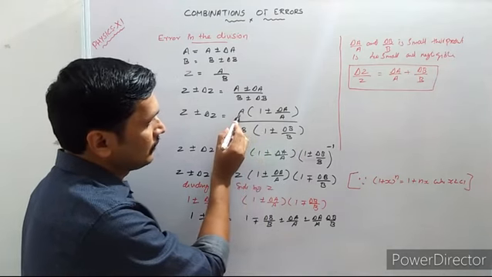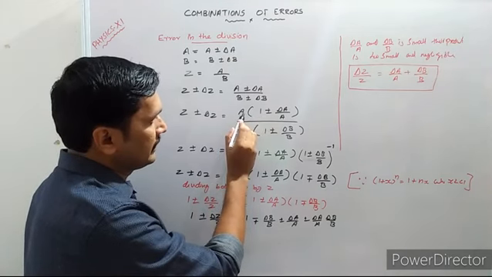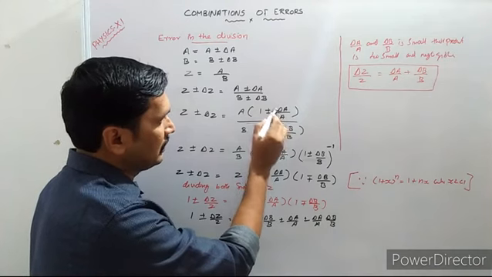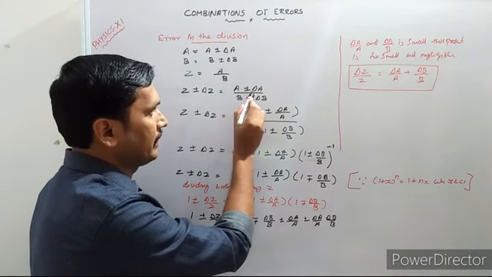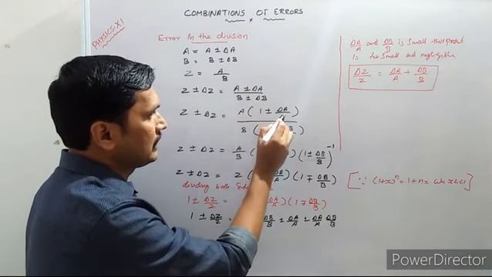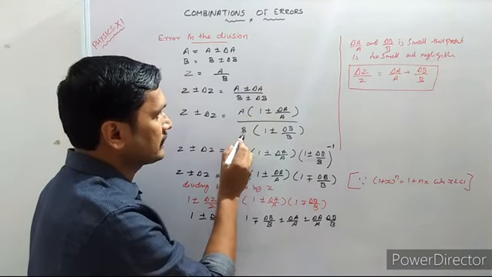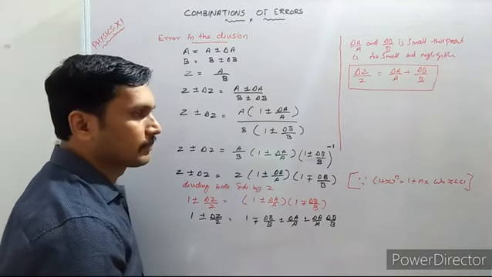Check the result. We are multiplying by a, it becomes a plus or minus a delta a by a, and a getting cancelled. We are getting the same. So we can write a plus or minus delta a as a into 1 plus or minus delta a by a, and b plus or minus delta b can write as b into 1 plus or minus delta b by b.